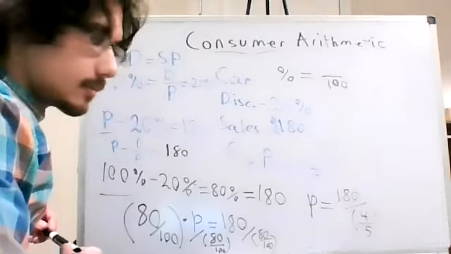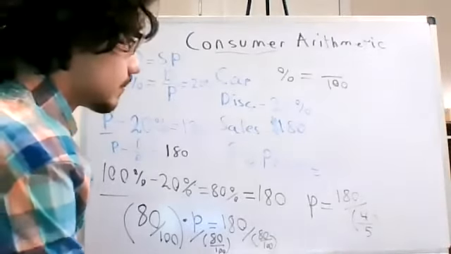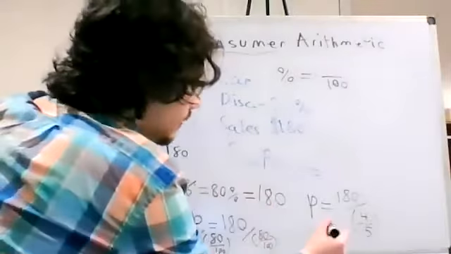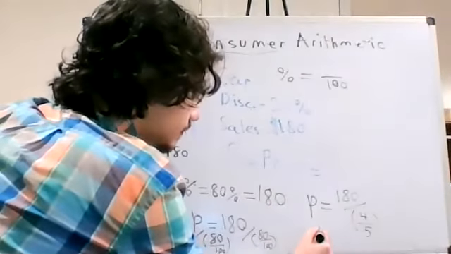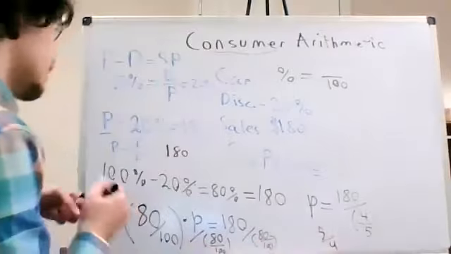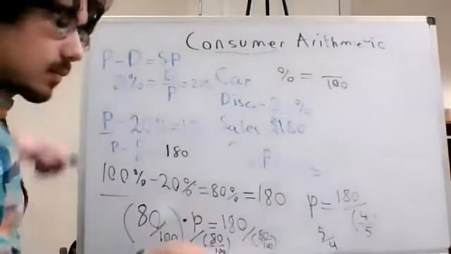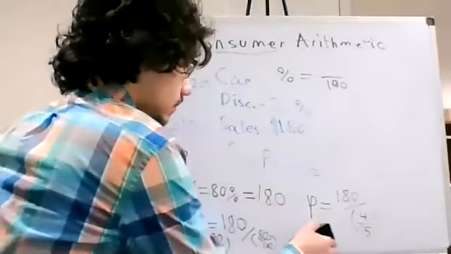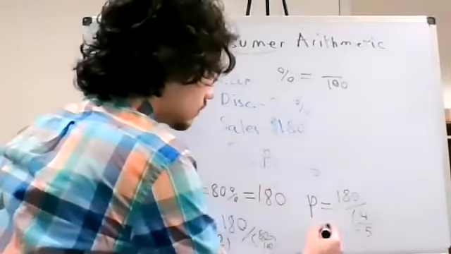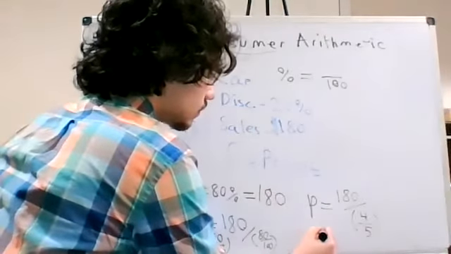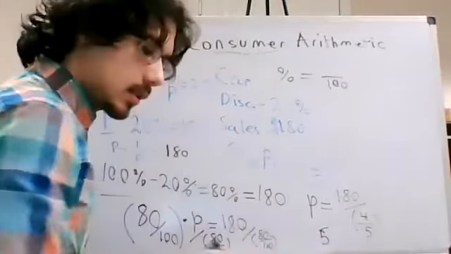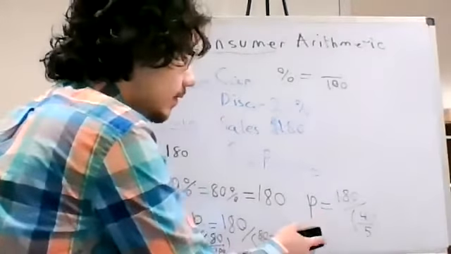Like 4 over 5, you put it like 5 over 4. So that's part of it. So you have 5 over 4. What are we doing with it? So what are you doing with the 5 over 4?